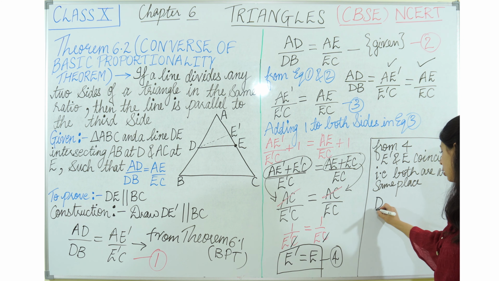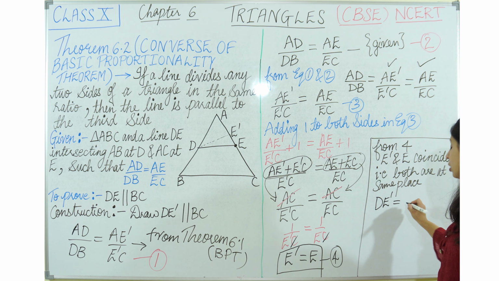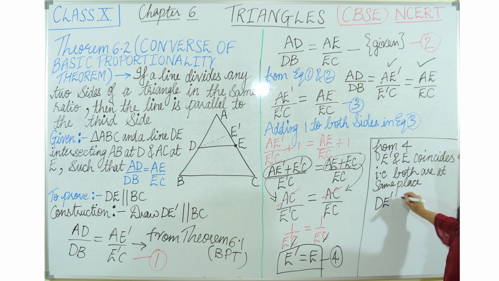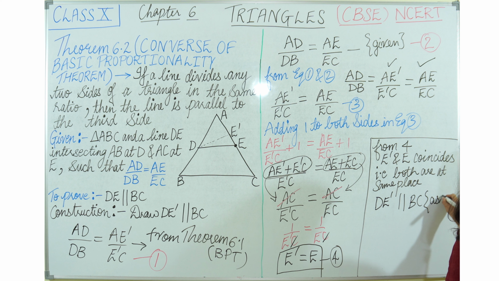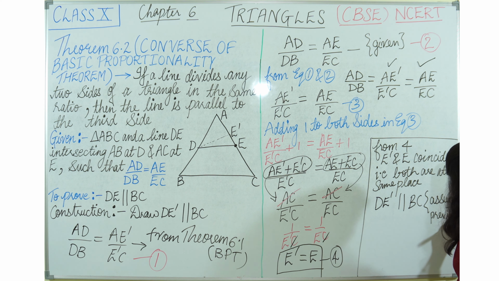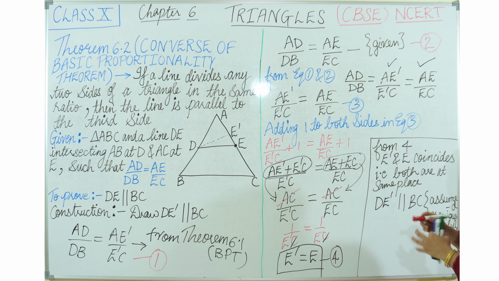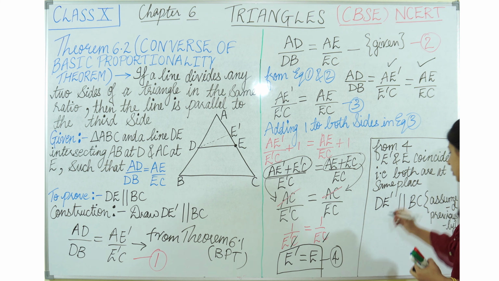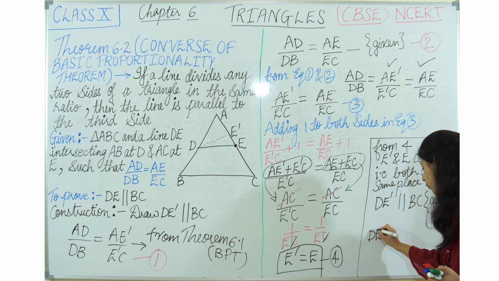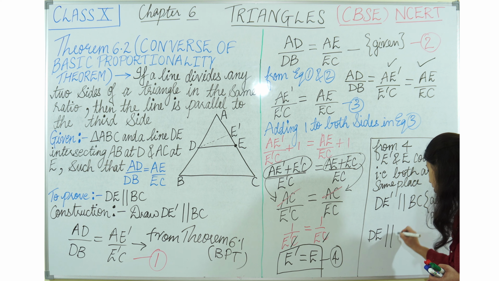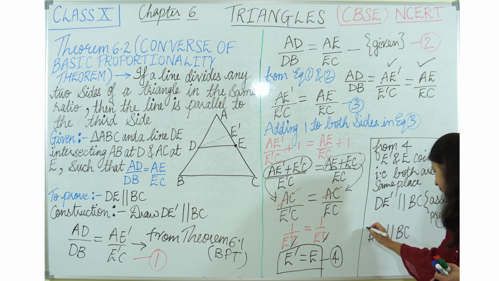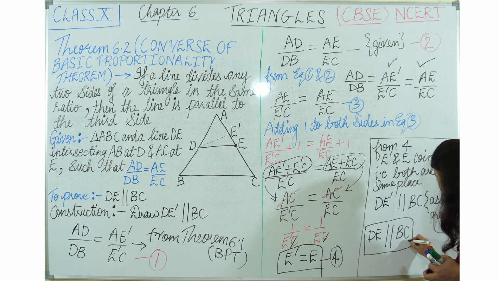So here DE dash is parallel to BC, assumed previously. Okay, so when DE dash is parallel to BC, from 4 we can easily say that DE is also parallel to BC.